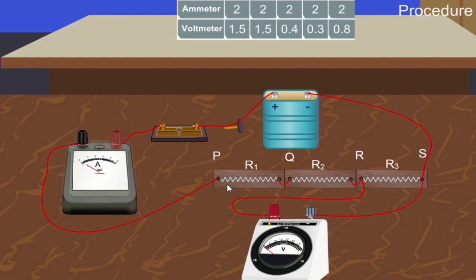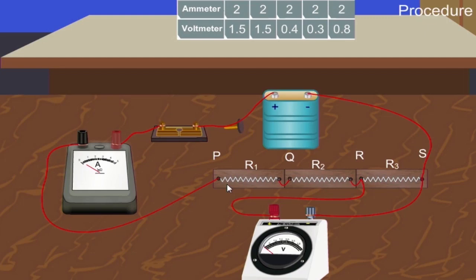Number one, we concluded that the current in each of the resistances connected in series remains the same. If you look at the table, you can see it is 2 amperes every time. But we also concluded that the potential difference across each resistor connected in series is different.